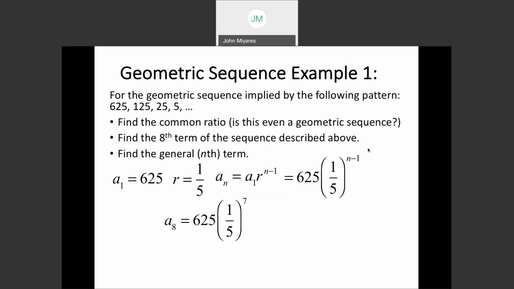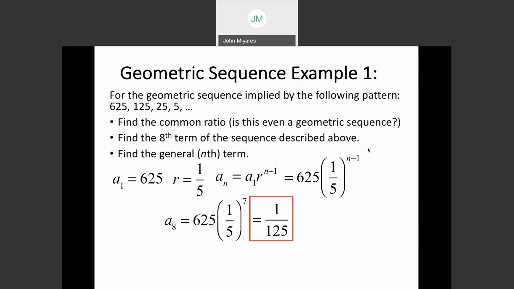To get to the eighth term of the sequence, we take 625, our first term, and multiply by 1/5 to the seventh power. So we're multiplying by 1/5 seven times after our first term to get to the eighth term, which, if we use our calculators, comes out to 1/125th.